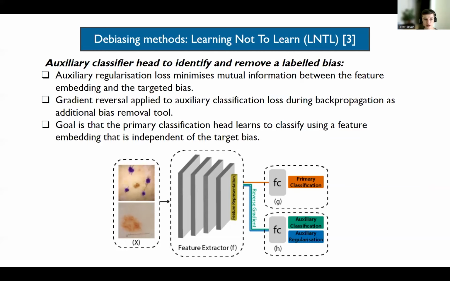And then gradient reversal is also applied to the auxiliary bias classification loss during backpropagation, which acts as an additional bias removal tool. And then the goal is that the primary classification head learns to classify using a feature embedding that's hopefully independent of the targeted bias, which is skin tone in our case.